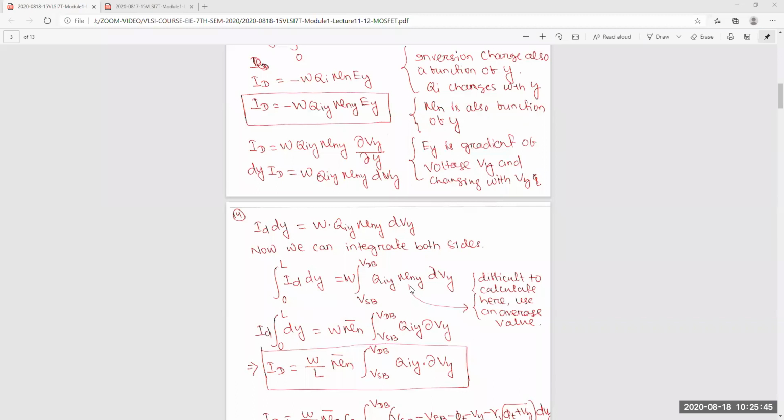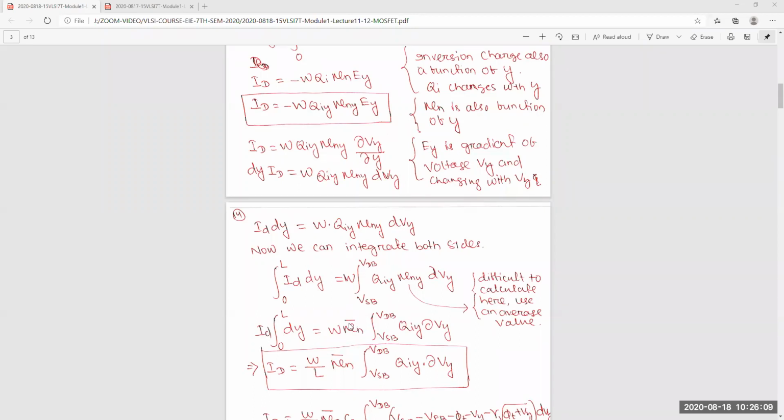If the voltage is increasing at the drain side, that means mu_n is also changing as it approaches the drain. So simply we have mentioned that subscript. So now integrate this part. As this is constant, you can take it outside.